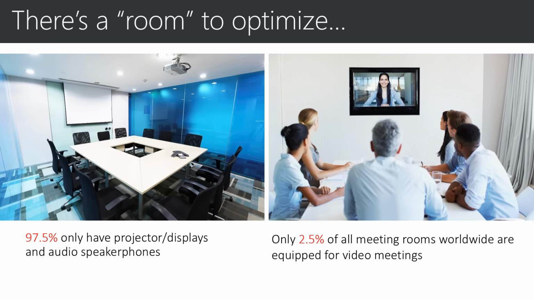Although the remaining rooms are equipped with video, the same studies show that these rooms are used only 2 hours per week on average. The reason behind that is that joining a meeting with most of the VTCs is too complex.